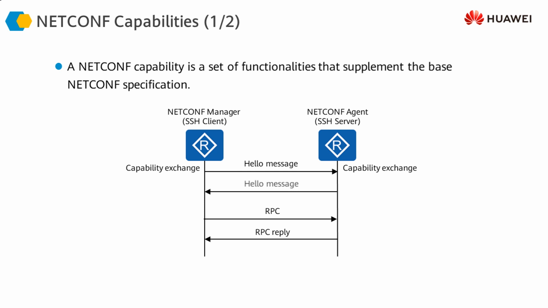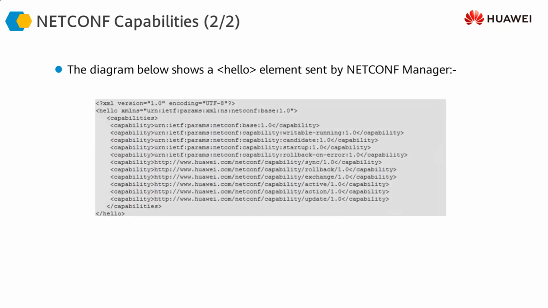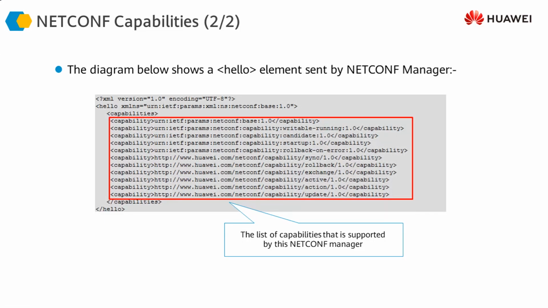Once the capability exchange using the hello messages has taken place, then the RPC messages are exchanged between these two entities, that is the NMS and the device. This is an example of the capabilities that are being exchanged using the hello message between the NMS and the device. And as you can see, this is in the XML format.